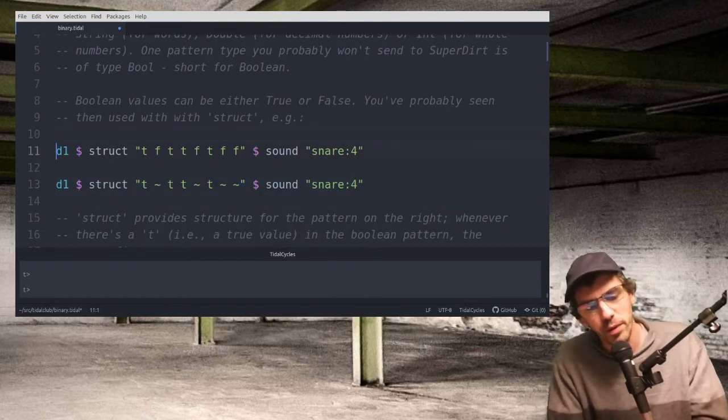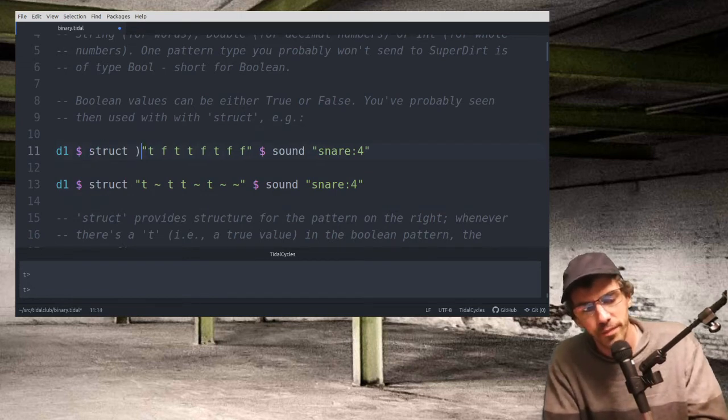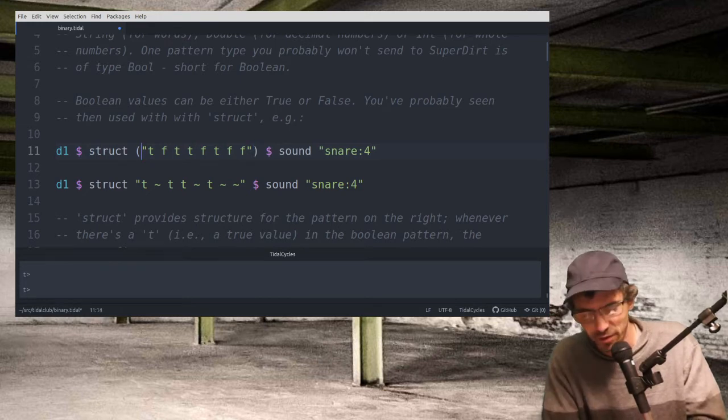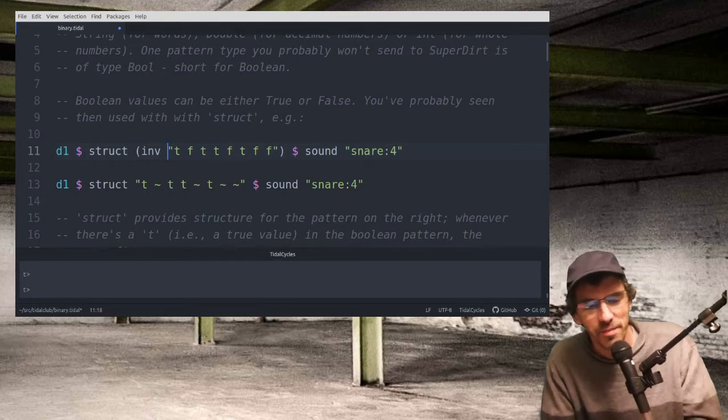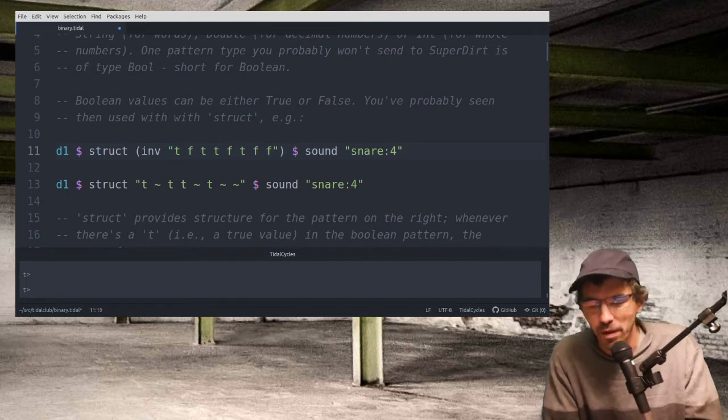Well, I suppose the point is that the false values can become true values by inverting the pattern. So if I use this invert function, or just inv, then all the falses will become trues and all the trues will become false.